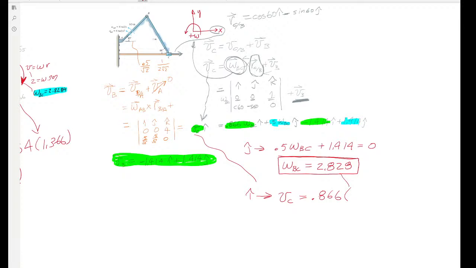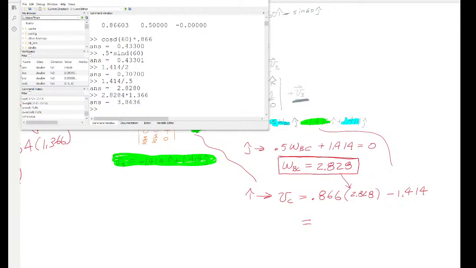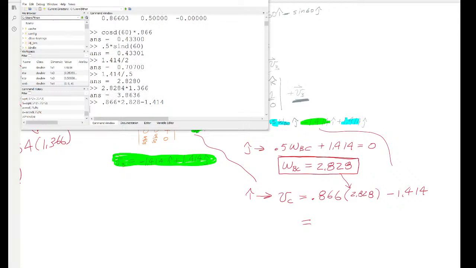Hey, look, omega BC, so I can put 2.828, but there's also knocking off 1.414, and so I get velocity of C out of this of 0.866 times 2.828 minus 1.414.